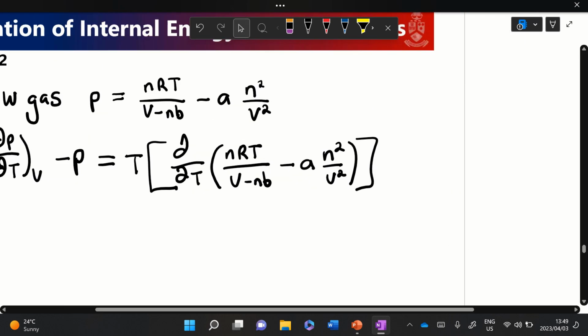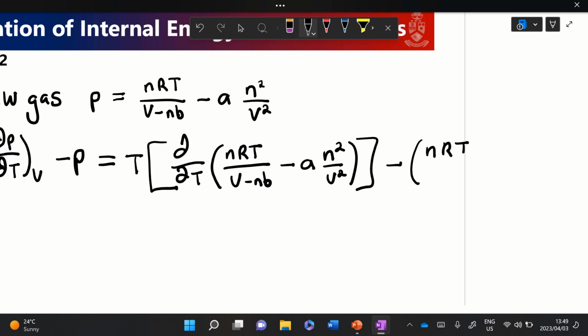Right, and then we have here a minus P, which then gives us minus nRT over V minus nb, minus a n squared over V squared.